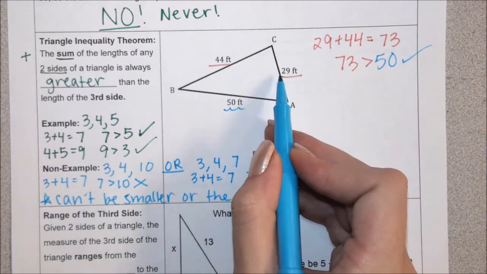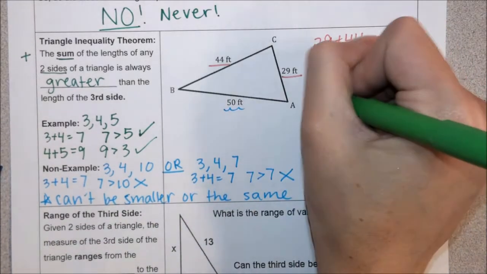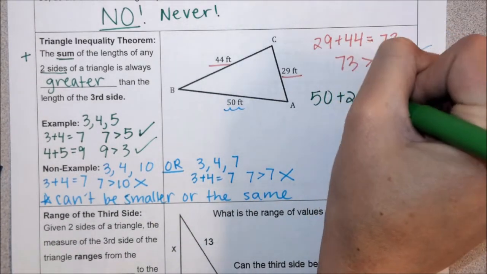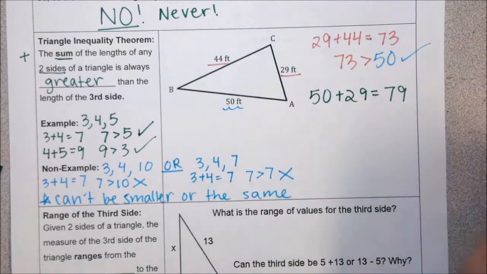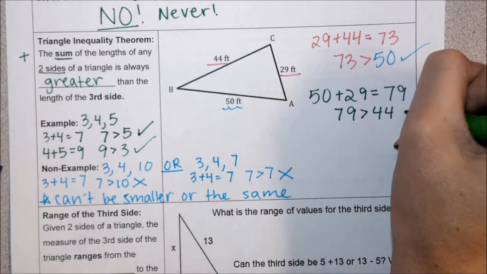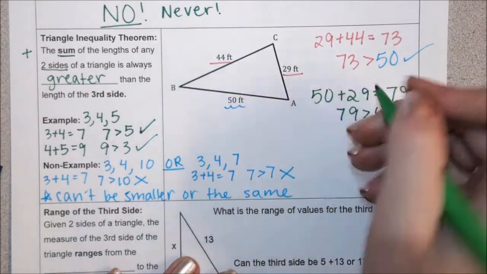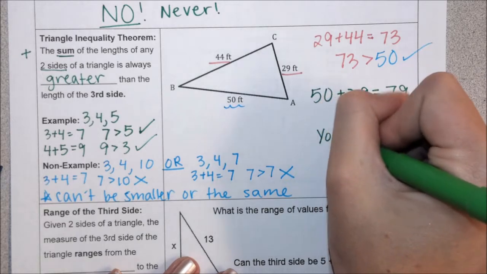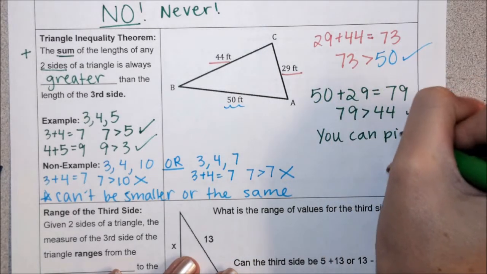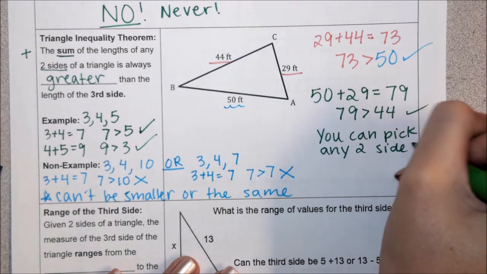I also could check another combination. So if I want to, I could try like 50 plus 29, and I get 79. Is 79 bigger than 44? Yes, it is. So it doesn't matter which two sides you pick. You can pick any two sides.